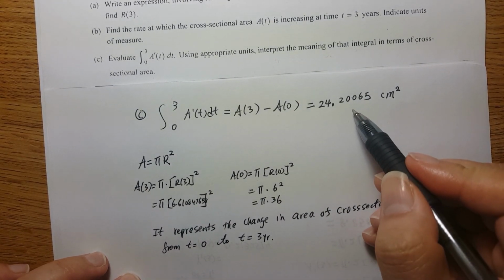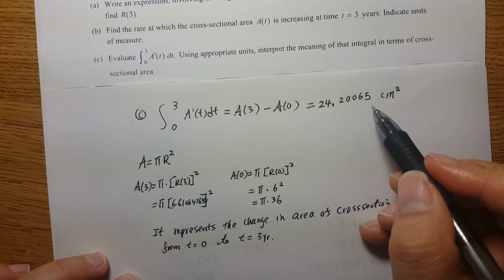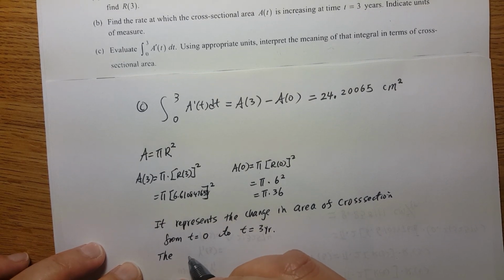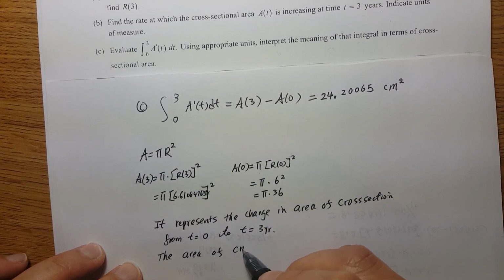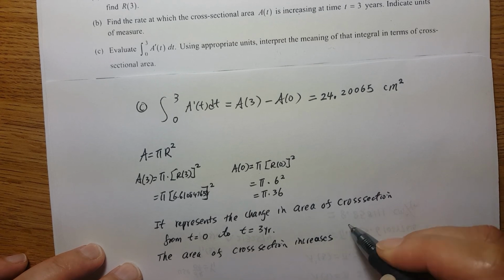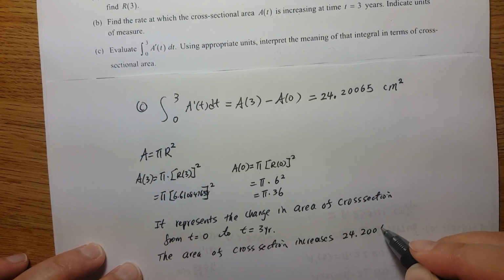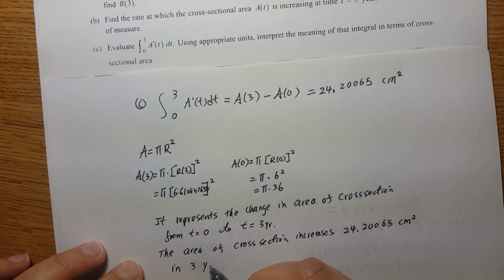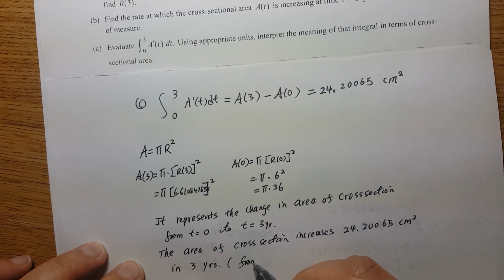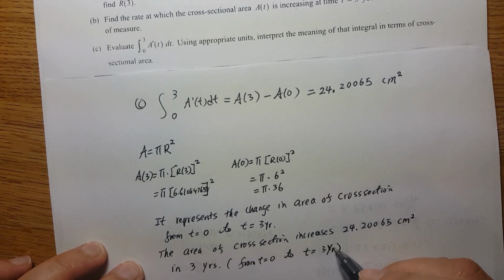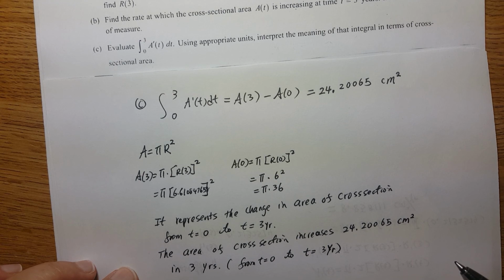And because you get 24.20065, a positive, you can make it more specific. So the area of the cross-section increases 24.20065 square centimeters in 3 years. You can say from t equals 0 to t equals 3 years. So we finished question number 1.